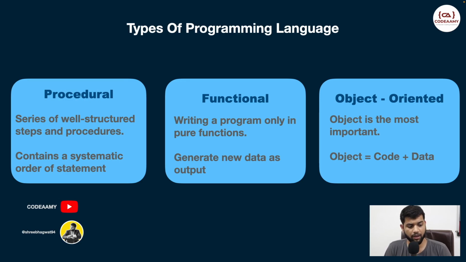Now let's say there is a mobile phone, and a mobile phone has different properties. For example, its color, its specification, the RAM it has, the hard disk or the storage it has, the screen size, the camera megapixels it has. Now instead of creating a separate data type for all these small values, I will create a big data type called a mobile, and inside that big mobile data type, I will mention these small values that I will be needing.